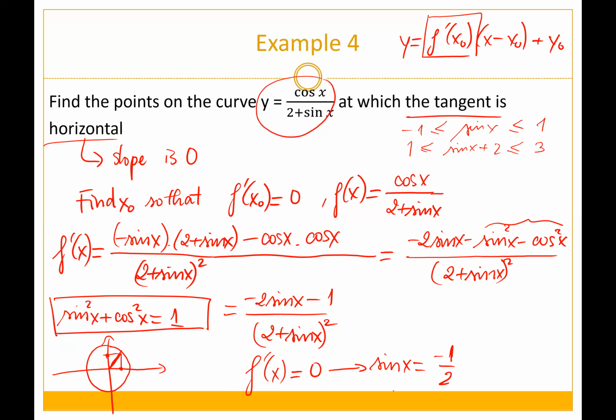And so when you solve this, sine x is equal to negative 1/2, so x is going to equal negative pi over 6 or 7 pi over 6. So that is the final answer. Let me check it again to make sure I got it correctly.